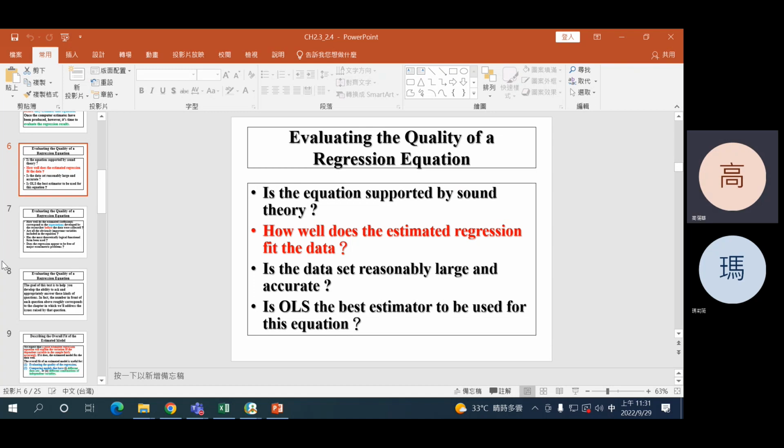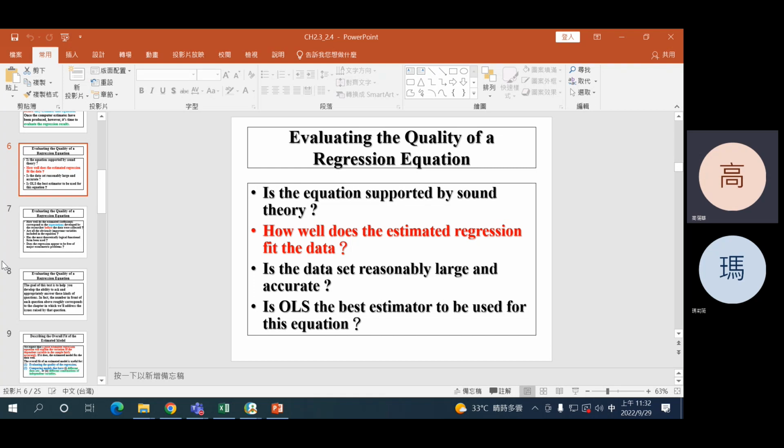Is the data set reasonably large and accurate? Again, you have to have the correct data or enough sample size to do the research. So it's important. Then, is OLS the best estimator to be used for this equation?